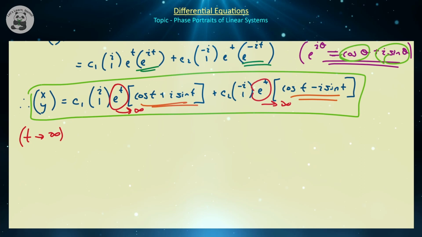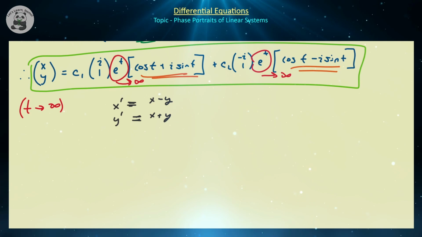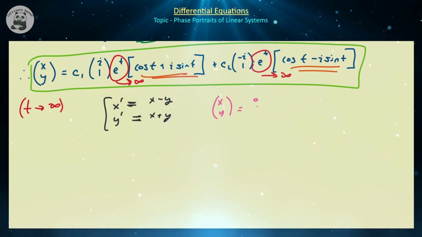So in particular, what type of orientation is it going to be? Remember that (x', y') was equal to (x minus y, x plus y). That was our original system. What I want to do is choose a particular point of reference. In particular, I want to focus on (x, y) equal to (0, 1), just to get a sense of where and how I'm getting to that plus or minus infinity.